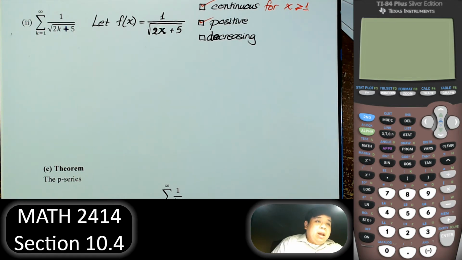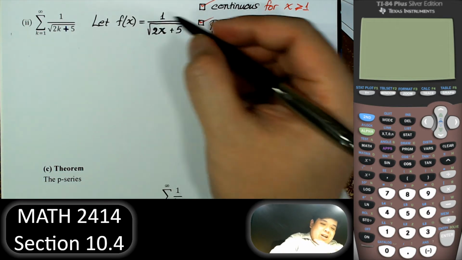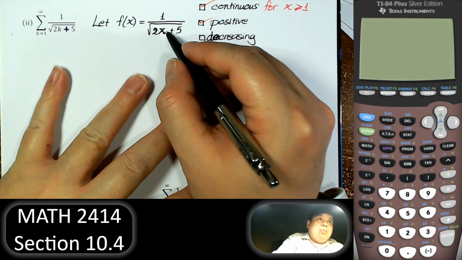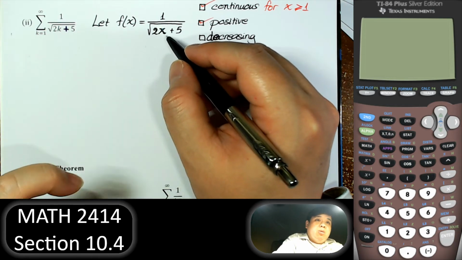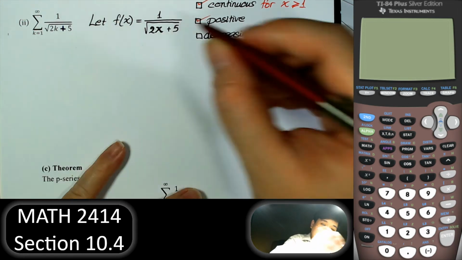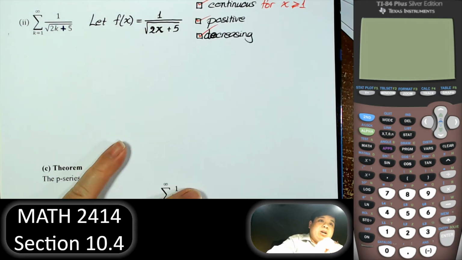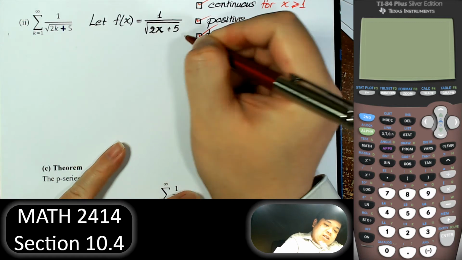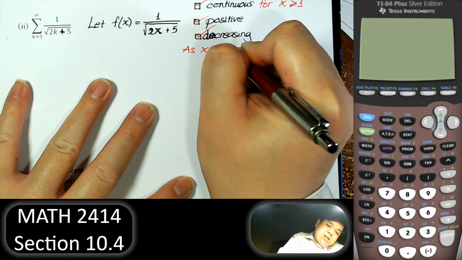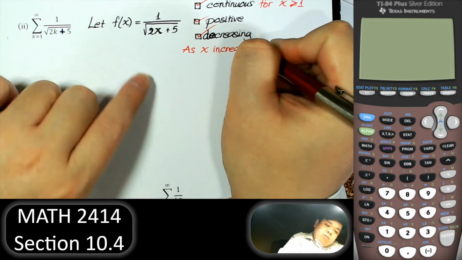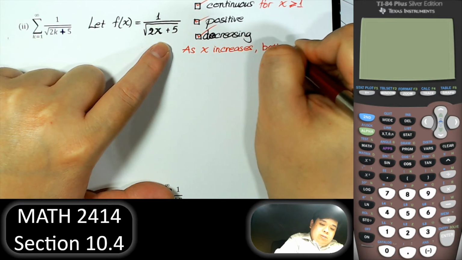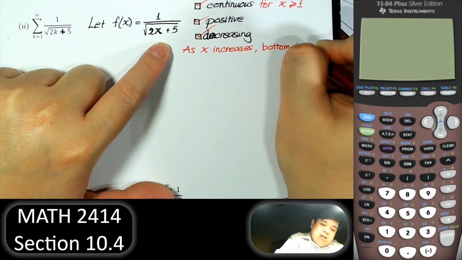Right. Now, it's easy to see. If we're talking about this function, obviously the bigger the x, the bigger the denominator, the smaller the quotient. So yes, this one is just a check. Don't even need to take the derivative here because of this. As x increases, x getting bigger, the bottom increases.